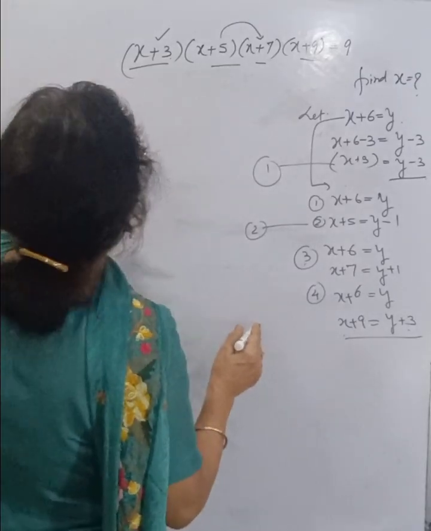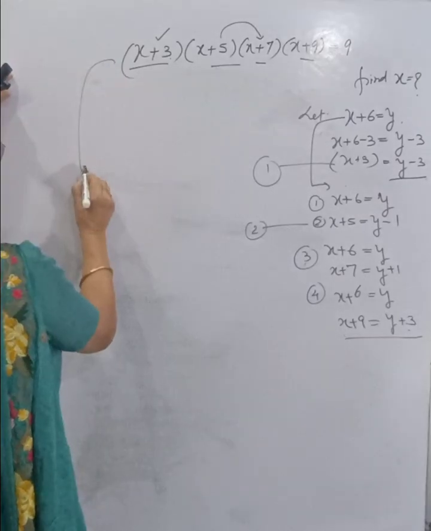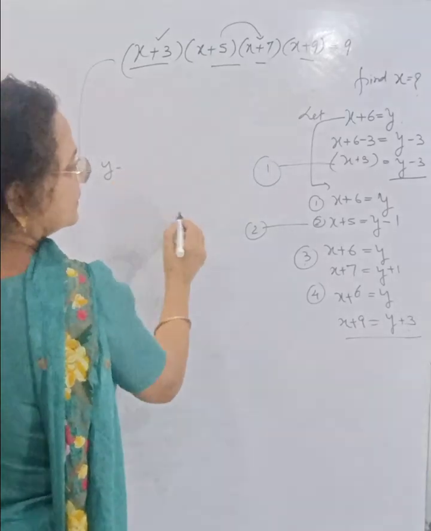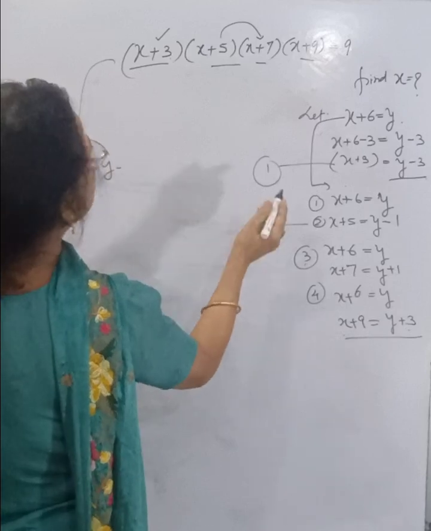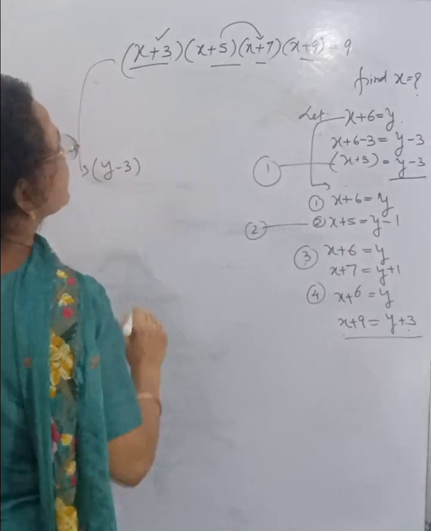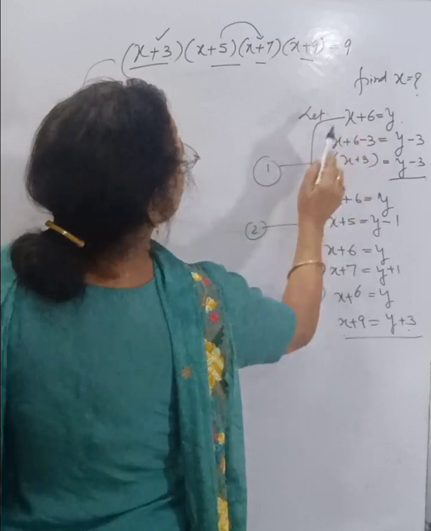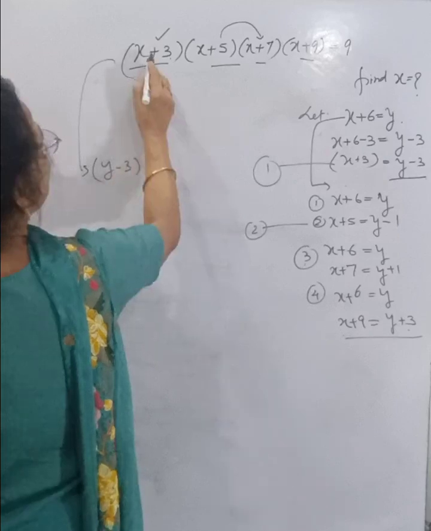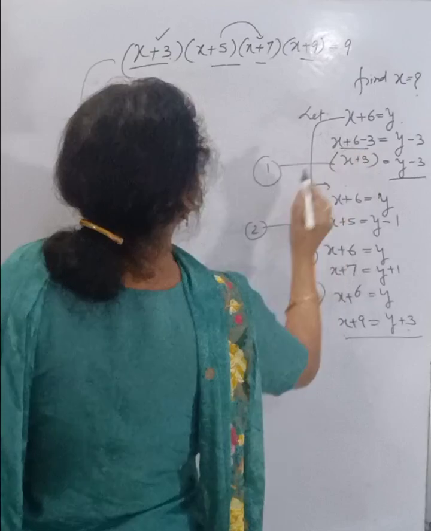Okay. Now x plus 3 can be written as y minus 3, because x plus 6 was equal to y. So if we subtract 3, minus 3 will come here also. Okay.